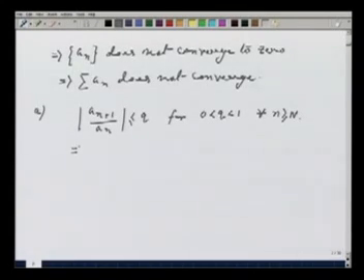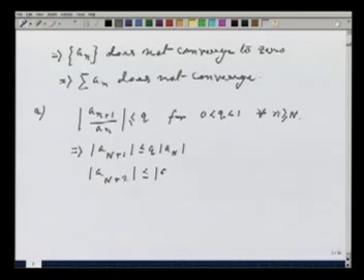Now this then implies that mod a_(N+1) is less than or equal to q times modulus a_N. And also modulus a_(N+2), I can look at that, that is less than or equal to modulus of a_(N+1) times q, which is further less than or equal to q squared times mod a_N.